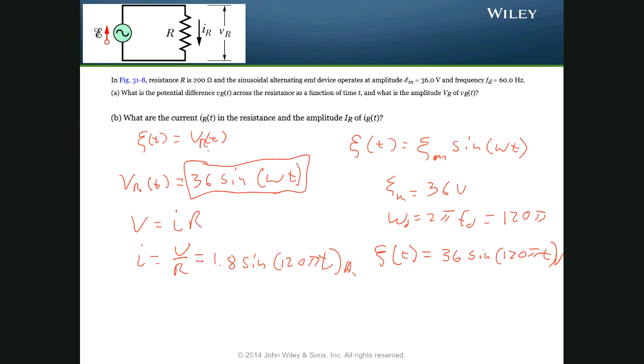Oh, crap, it's 100. So 0.18. That point's got to be deleted. More fun math mistakes with Dr. Toland. 0.18. There we go.